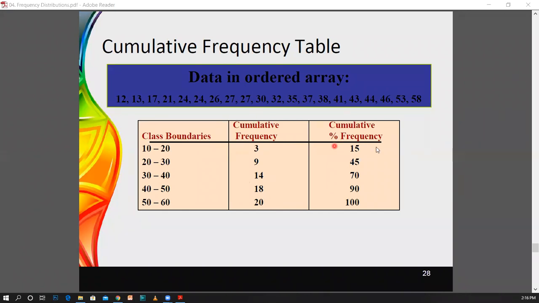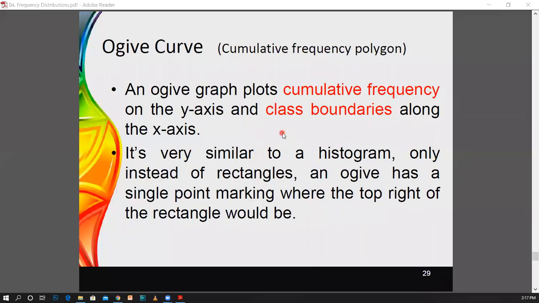And if you need, you can have the percentage value for this cumulative frequency also. Okay.